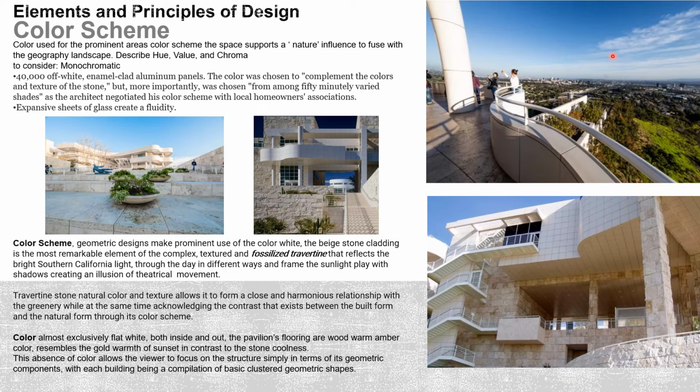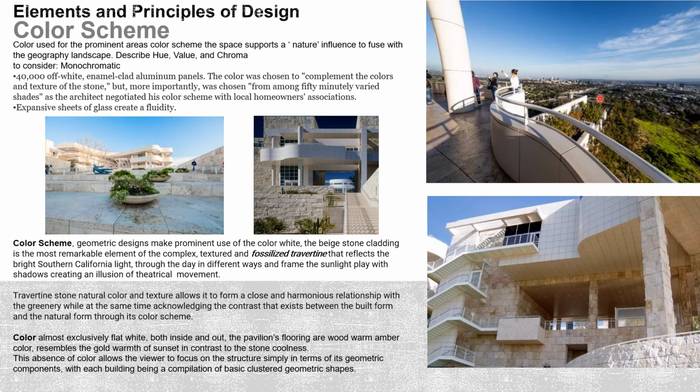So here we have a view of some of that monochromatic, but how it blends with the natural sky and the Southern California landscape. The color scheme is also exclusively flat white, both inside and outside.